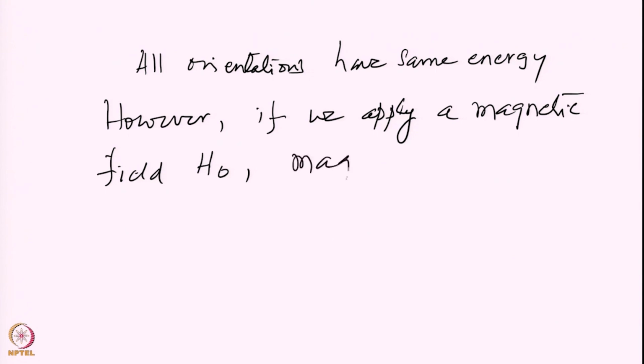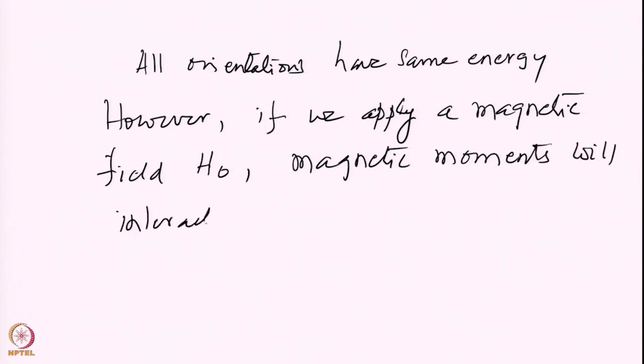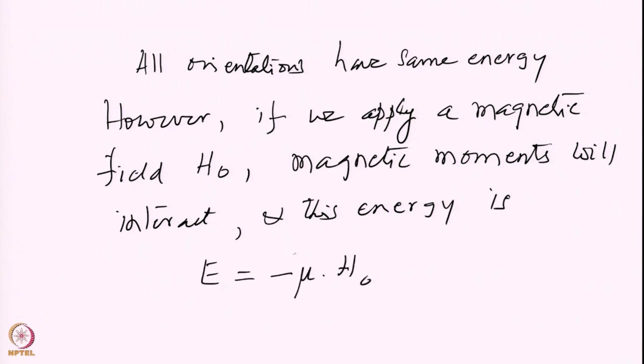The magnetic moments will interact, and this energy is E equal to minus mu dot H naught. These are vector quantities, and H naught, the magnetic field, is conventionally taken along the z axis.